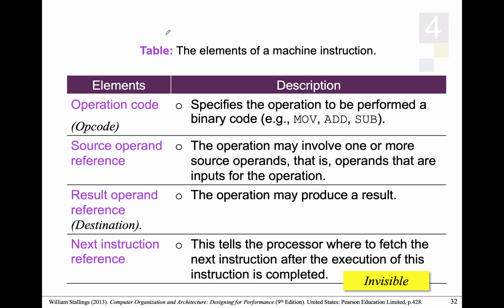These are the elements in the machine instruction. You're going to have your opcode, the operation code, or the short form opcode. You also will have the source operand reference. You will also have the destination, which is the result operand reference, and the next instruction reference.